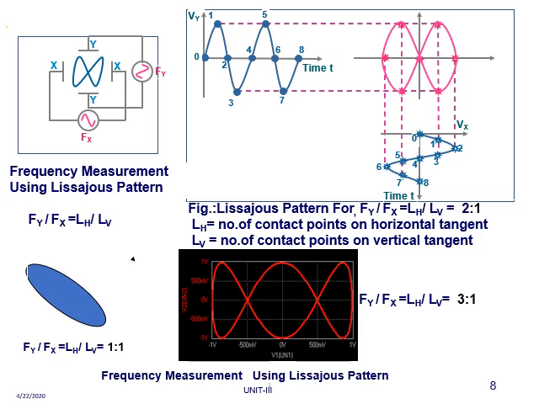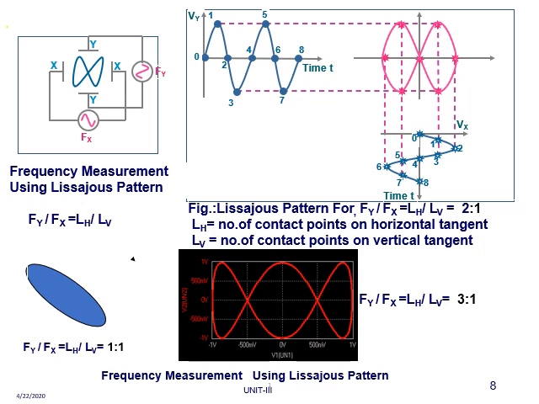So fy upon fx is equal to LH upon LV, which will be equal to 2 by 1. So fy will be equal to fx into 2 by 1, where fx is the known frequency and fy is the unknown frequency.